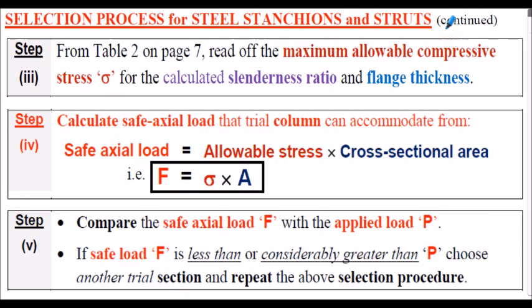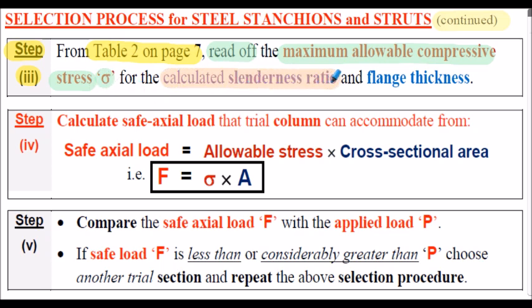Selection process continued. So step 3. From our appropriate table, we need to read off the maximum allowable compressive stress, labelled sigma, for the calculated slenderness ratio and flange thickness of our section.